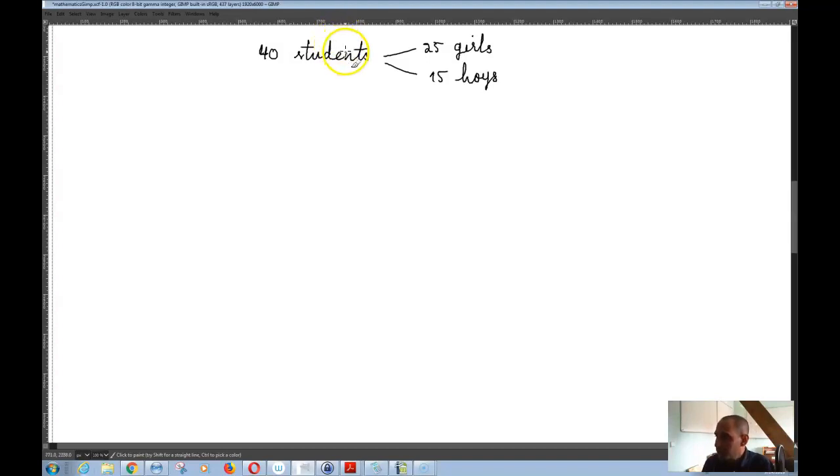So now, what is the probability that the name written on the card is the name of a girl or of a boy? Basically we have two questions here.